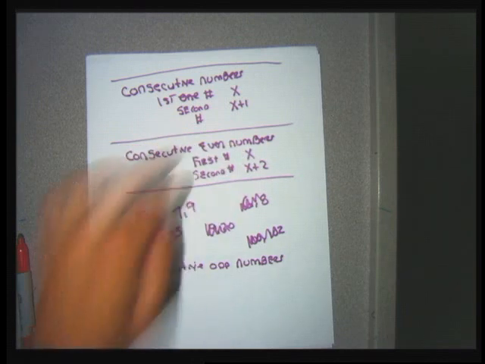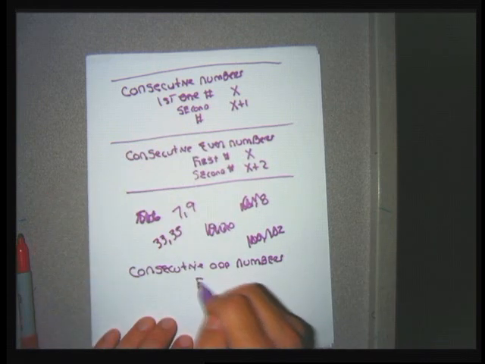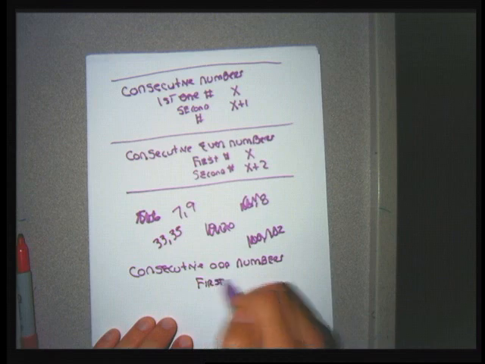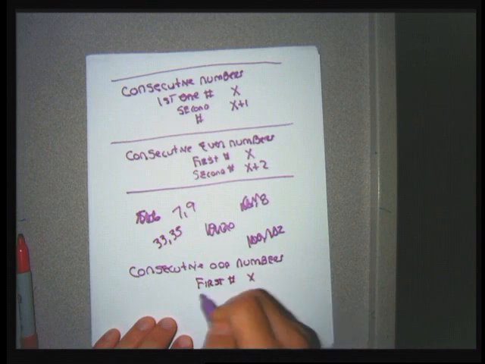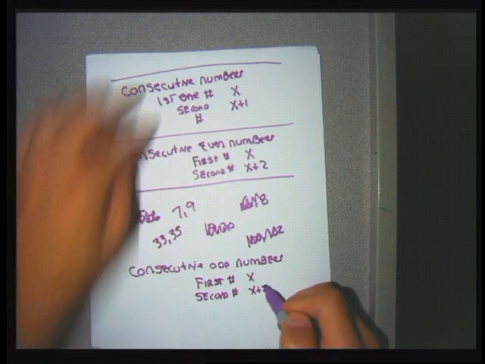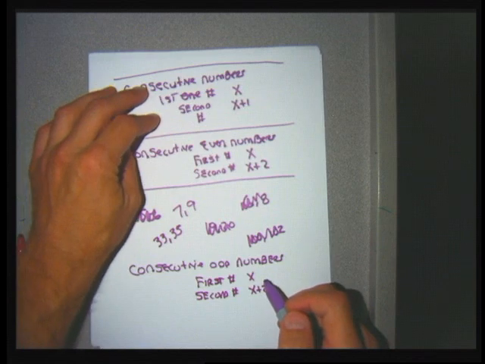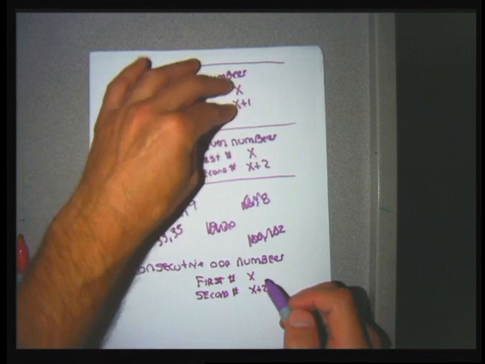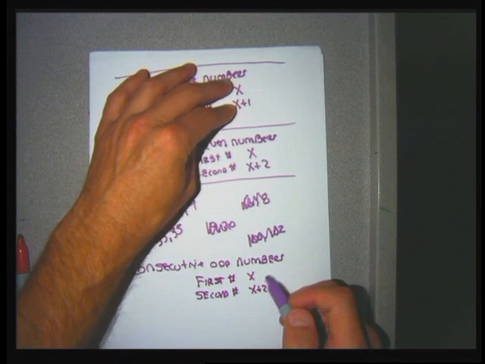And they're going to have the same names for the variables. The first number will be x, the second number will be x plus 2. Consecutive numbers like 7 and 8 or 9 and 10, the numbers are 1 apart, so the variables are x and x plus 1.